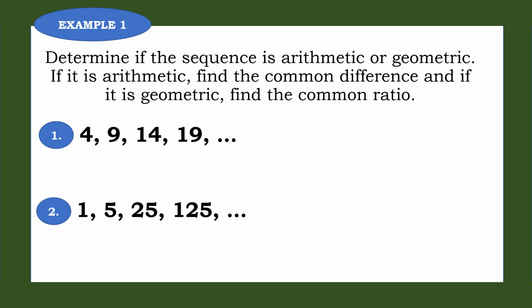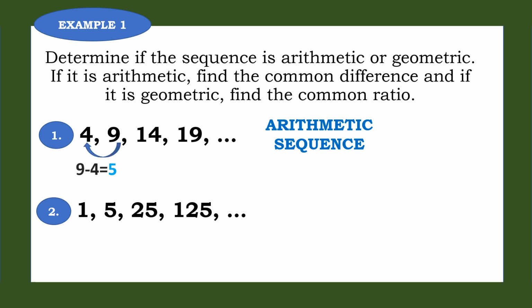So this one is an example of an arithmetic sequence. Now, let's try to find their common difference by subtracting: 9 minus 4 equals 5. 14 minus 9 equals 5. And 19 minus 14, which is also equal to 5. So it means that the common difference is equal to 5.